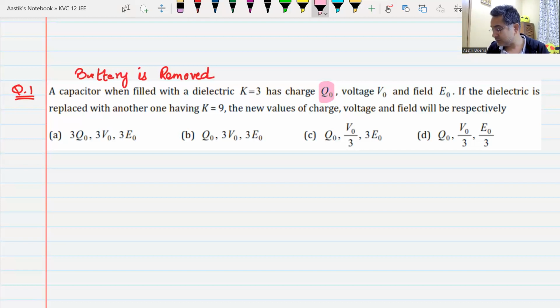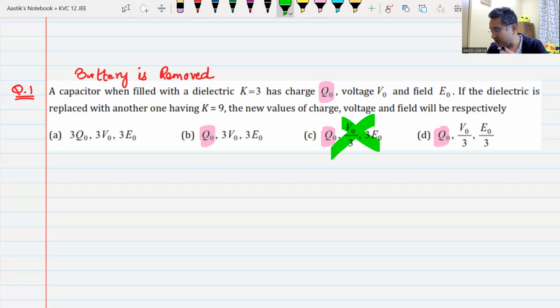So Q naught is the same in all options. But option number C is absolutely wrong, because if potential difference becomes V naught by 3, electric field cannot become 3 times E naught.